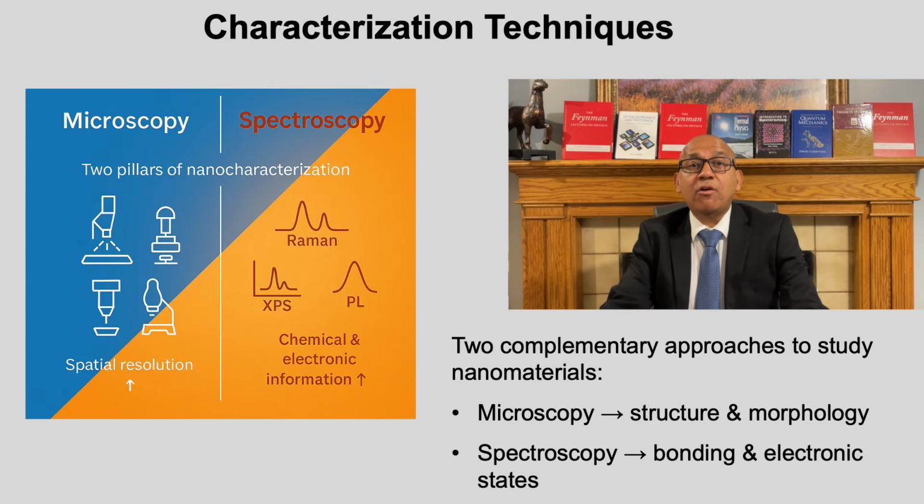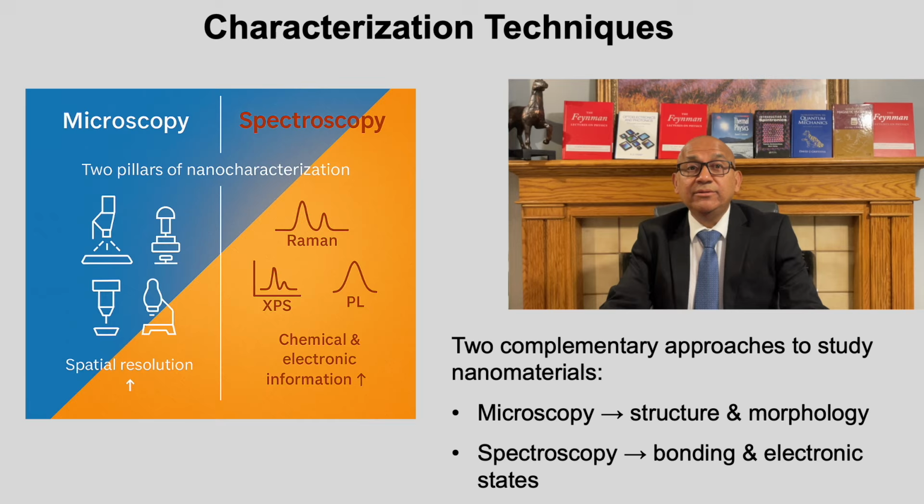Nanocharacterization methods fall broadly into two families, microscopy and spectroscopy. Microscopy reveals where atoms and features are. It resolves structure and morphology directly. Spectroscopy, in contrast, explains how atoms bond and how electrons interact with energy, giving chemical and electronic information.